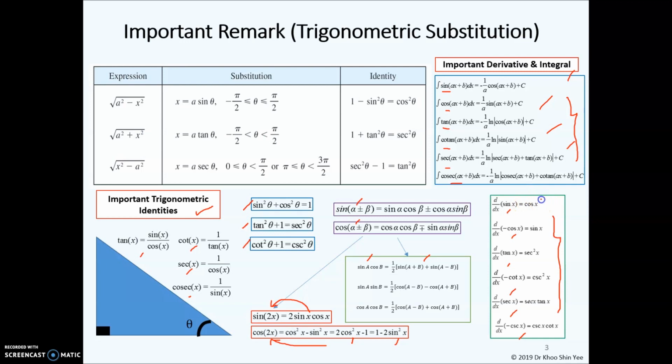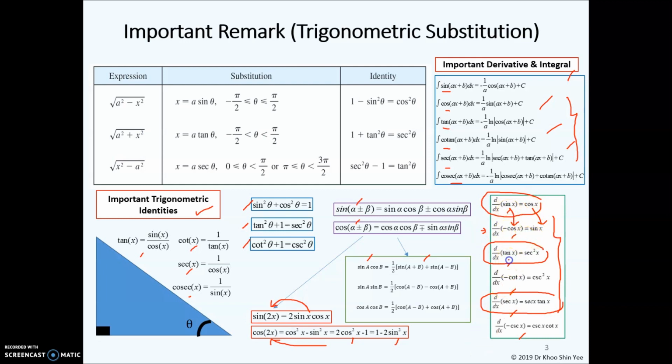Normally I will remember these three terms. So I know when I differentiate sine, I get cos. I use the relationship of sine with cos. Cos, I get sine, and positive I get negative here. So I don't need to memorize it; I can use the relationship to derive the answer.